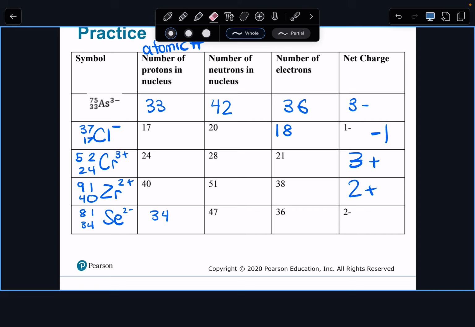So you just take 75 minus 33 in that instance. If you're given the number of neutrons, then you add them together to get the mass number. So you can think of it like an equation. The mass number equals protons plus neutrons.